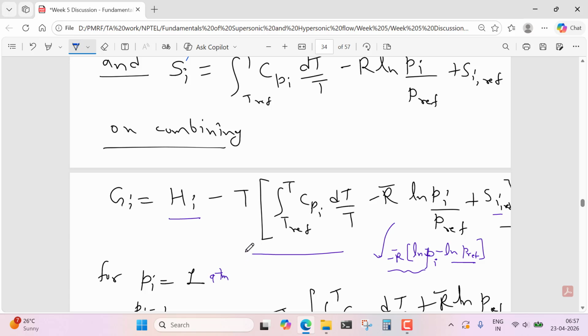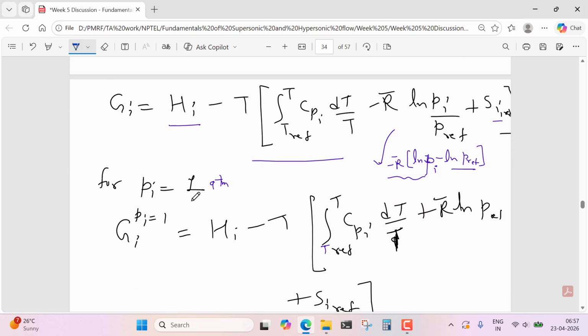Now let's take this Pi equal to 1 atmosphere. Then we'll get gi at Pi equal to 1 equal to hi minus T times integration T reference to T. Here this log Pi upon P reference can be written as minus R bar, log Pi minus log P reference.